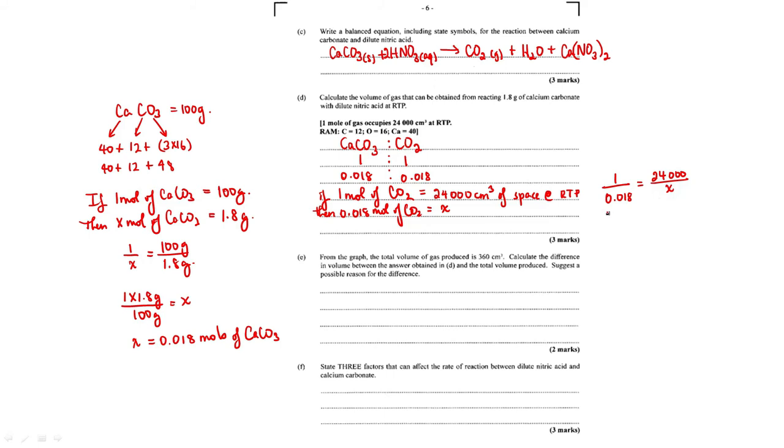So therefore, X will be equal to 0.018 times 24,000. If you multiply this, 0.018 times 24,000 will be equal to 432 cubic centimeters.